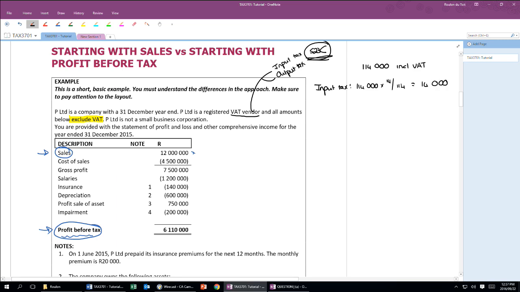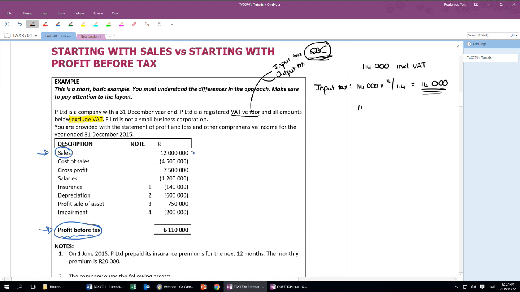What section 23C tells us is now when we are doing our income tax, you cannot include that 14,000 rands VAT amount as part of your cost for your stationery or as part of your expense when you're paying, for example, a rent, for example, to a commercial rental.